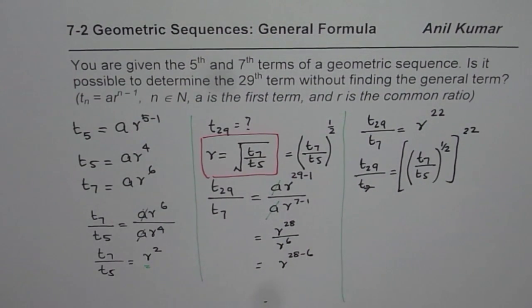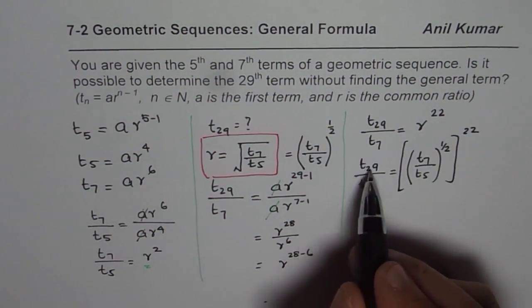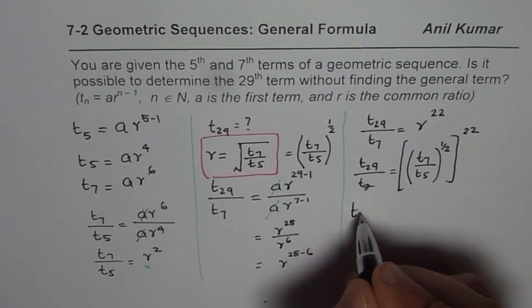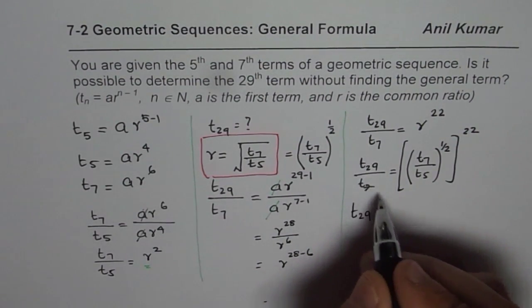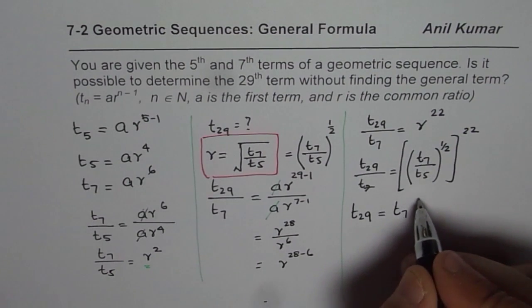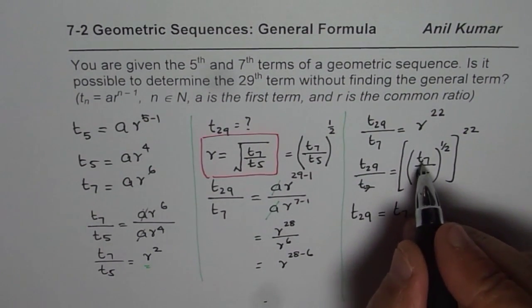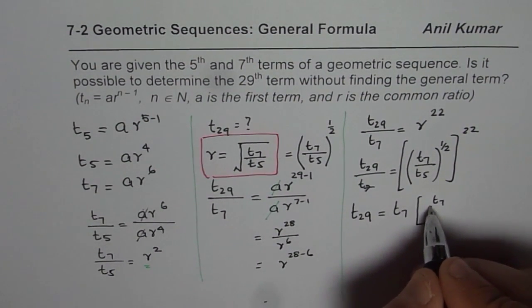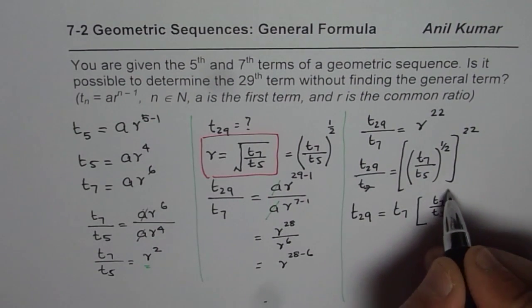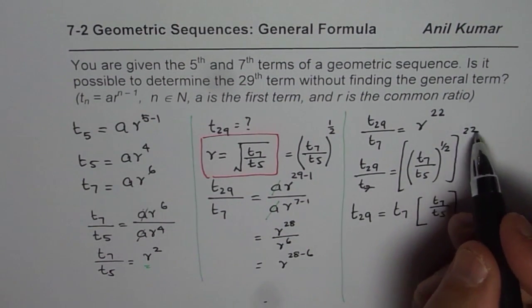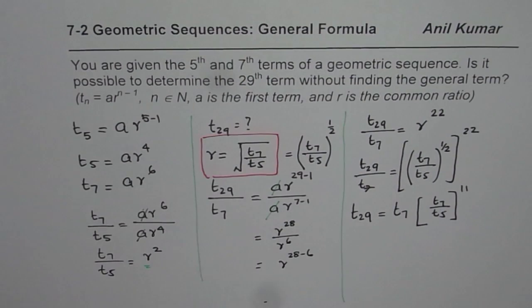From here we can get what T29 is. So the 29th term equals the 7th term times the ratio of the 7th and 5th terms to the power of half of 22, which is 11.